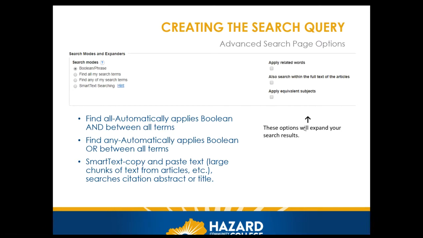So you might find some connections between subjects and topics that you might not have been able to make by just searching for keywords. All these options in this search modes and expanders box are going to expand those search results. Again, if you're at the beginning of your search and you don't have a research question or a narrow topic, this would be a fantastic place to search for something that you're interested in.